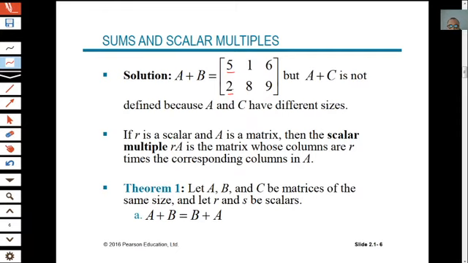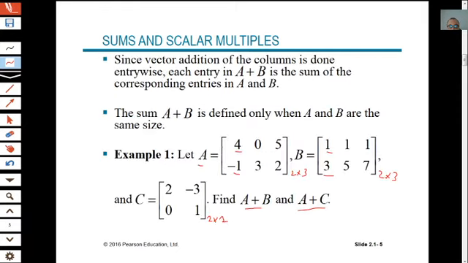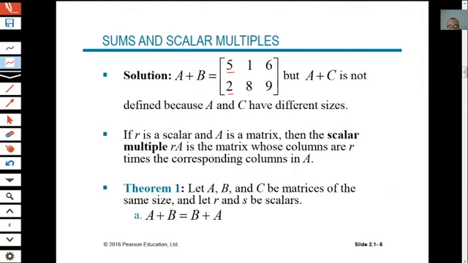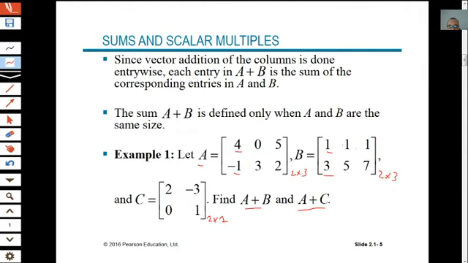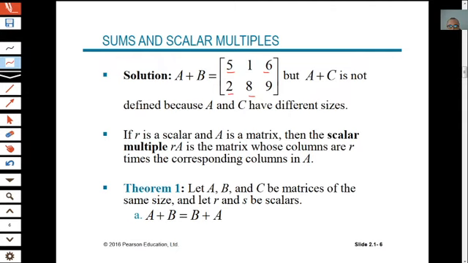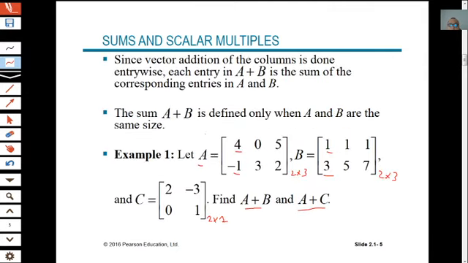And 0 plus 1 is 1, 2 plus 5 is 8, 5 plus 1 is 6, and 2 plus 7 is 9. So we can apply the addition operation for the given matrices since they have the same size. They are 2 by 3 matrices.